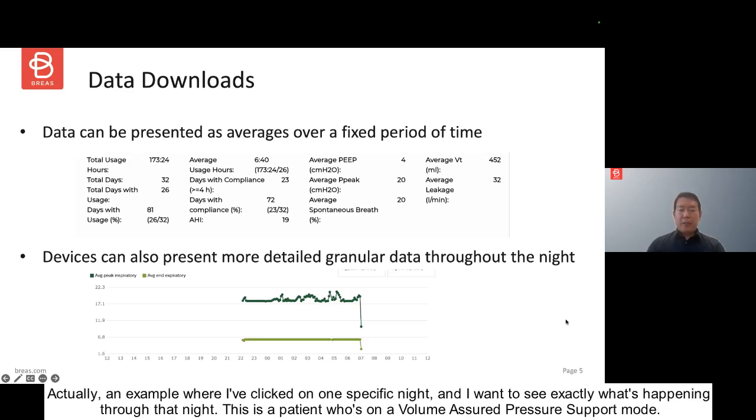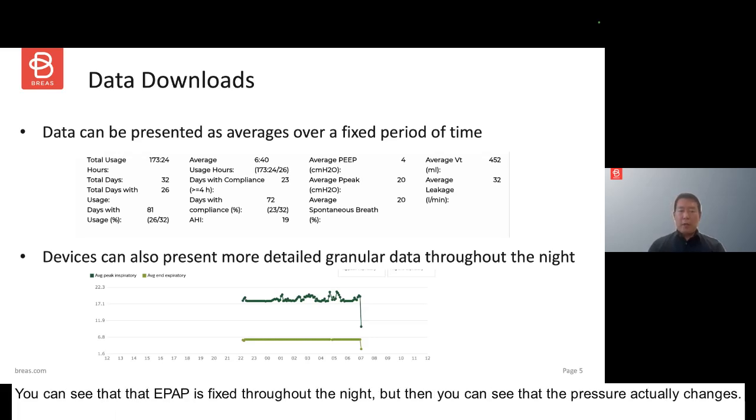Whereas on the non-invasive ventilators, or these ventilators in general, the devices can now present more detailed granular data throughout the night. Here is an example where I've clicked on one specific night and I want to see exactly what's happening through that night. This is a patient who's on a volume assured pressure support mode. You can see that the EPAP is fixed throughout the night, but the pressure actually changes.